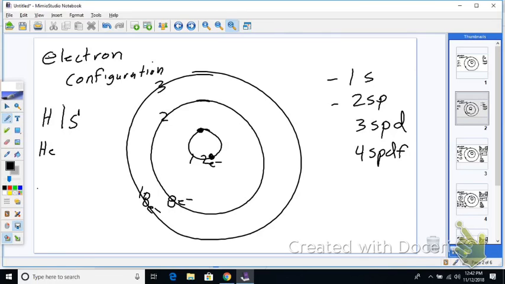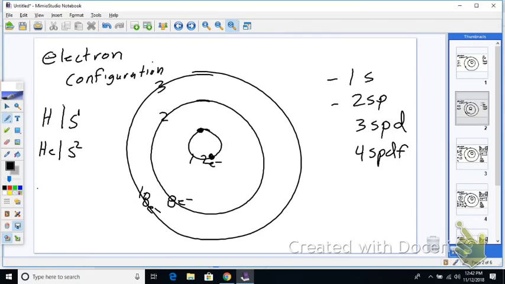Maybe some of you remember, maybe you don't. What kind of spins will they have? Opposite spins. Very good. If they're in the same orbital, they have to have opposite spins. So both of them are in the s orbital, and we would describe that configuration as 1s what? 2. Does that make sense?